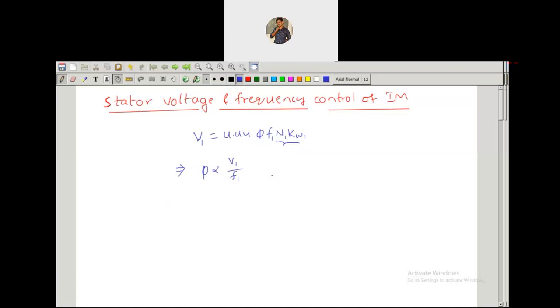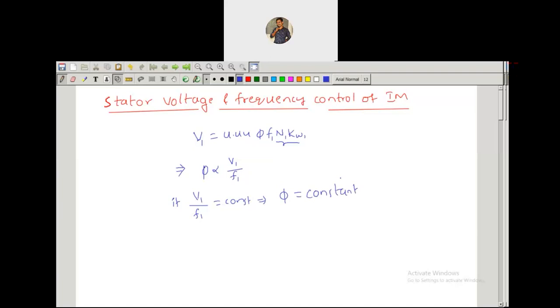So if we keep this ratio constant, then we can say that the air gap flux is going to be constant. That is, if the ratio of the supply stator voltage to the stator frequency is kept constant, then the air gap flux will also be constant.